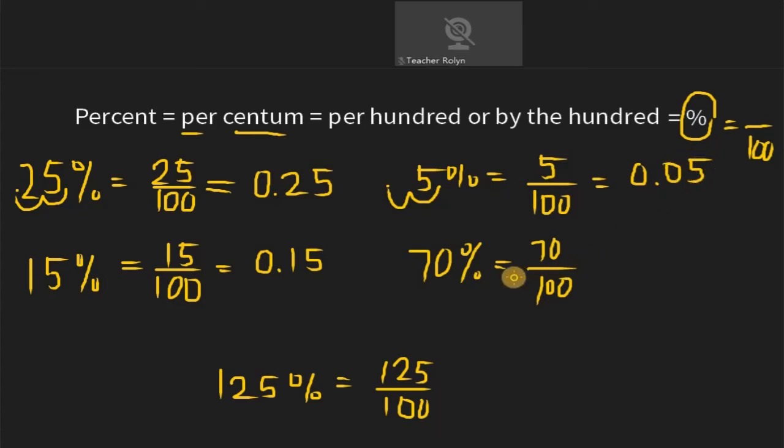How about 70%? That will be 1, 2. So it is 0.70. And how about 125%? Still, we have to move two places to the left. So that will give us 1.25. Right? So that is how we convert percent to decimal.